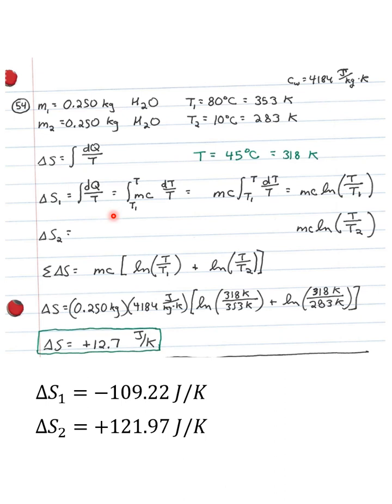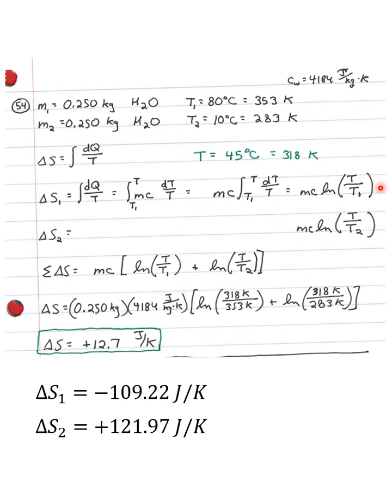But q is mc delta T, so as an integral, dq becomes mc dT. And we're integrating from the original temperature, which is T1, to the equilibrium temperature, T. The mc gets factored out to the left. We're left with taking the integral of dT over T, which becomes the natural logarithm. So we're left with mc natural log of T over T1.